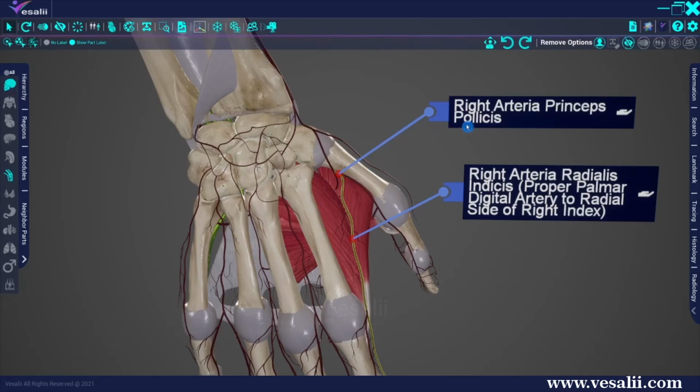The arteria princeps pollicis is the major blood supply to the thumb, and the radialis indicis artery supplies the radial side of the index finger.